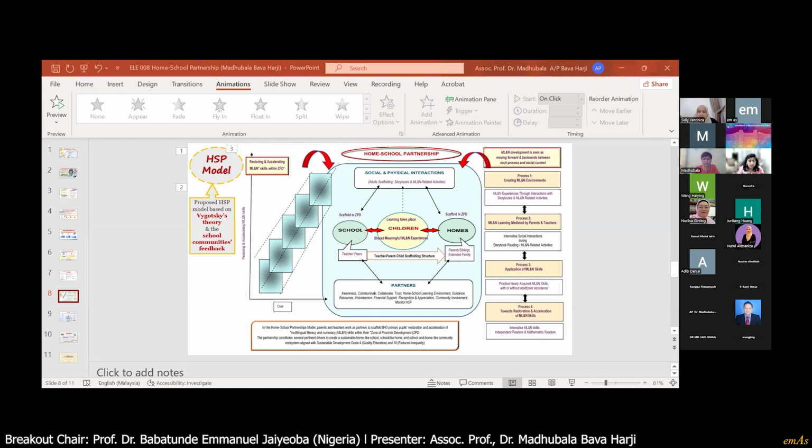Yes, you found something in literature that the status of the parents in terms of their educational level does not affect their partnership. Yes, in this model. But is it really practicable for the education level of the parents not to affect this partnership?